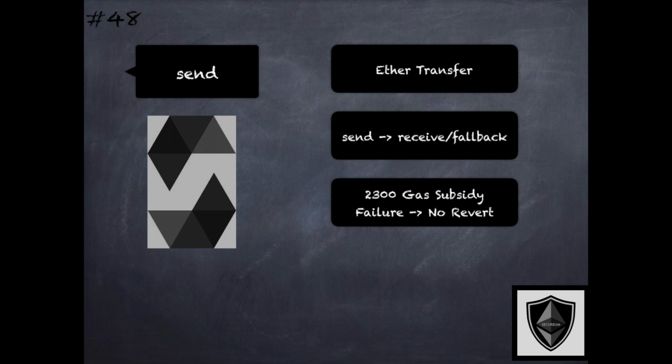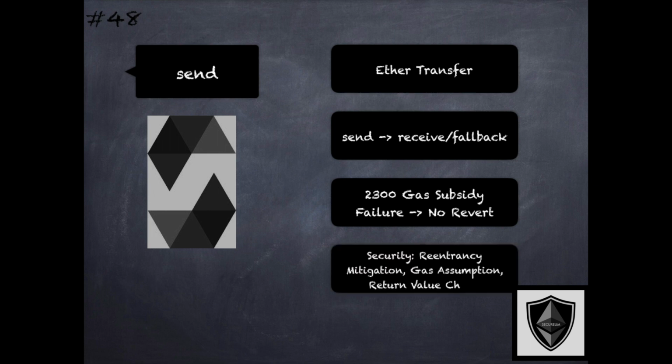Unlike transfer, where it leads to a failure and revert, in the case of send, it does not revert, but it just sends back a Boolean return value that indicates a failure, a false Boolean value in the case of failure. So if the send primitive is used to transfer value, then from a security perspective, it means that the return value of that send primitive must be checked by the caller to make sure that the transfer happened successfully or not, depending on what was returned.